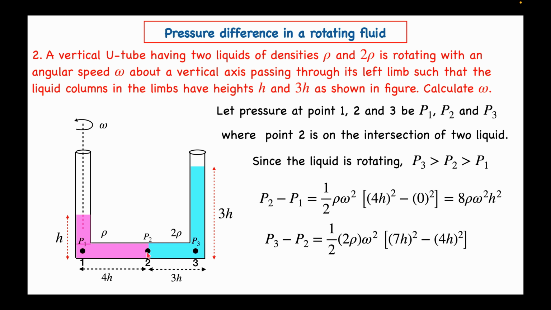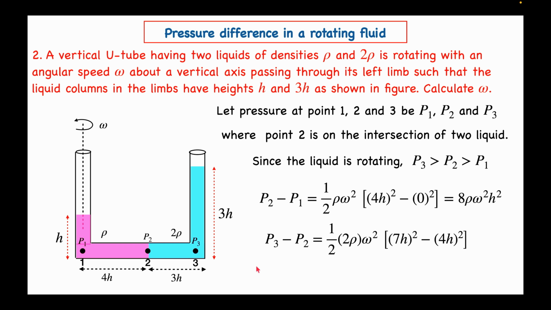Again, P3 minus P2. Here we can see this point 3 is at a distance 7h from the axis of rotation, but point 2 is at a distance 4h from the axis of rotation.